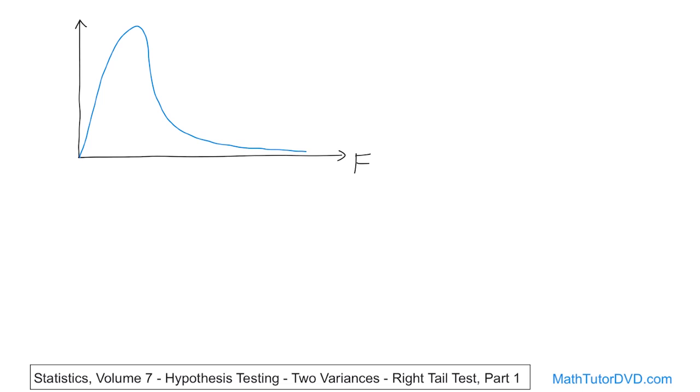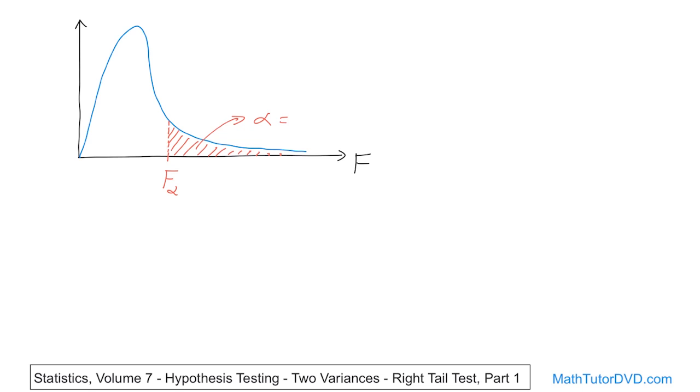And ultimately, we're going to use the concept of rejection regions, which we've used all up until now in hypothesis testing. So there's this critical value of F. We don't call it critical value, we call it F sub alpha. And the reason we call it F sub alpha is because it's the value of F that you end up reading off of the table that gives you an area under the curve to the right, always to the right, of alpha.